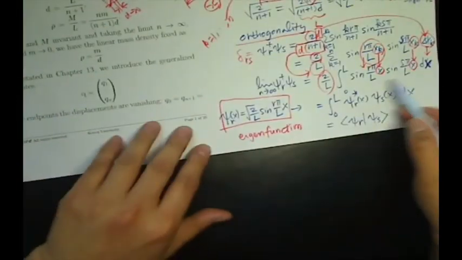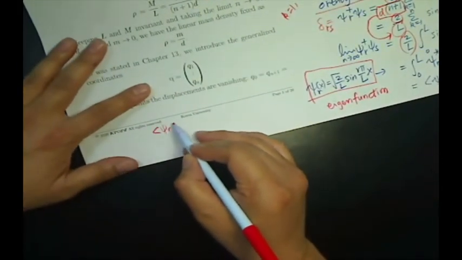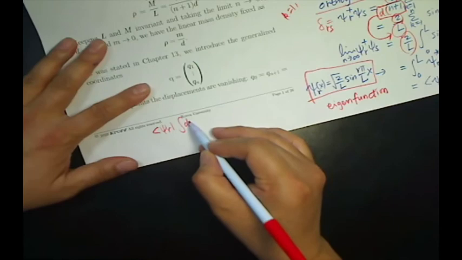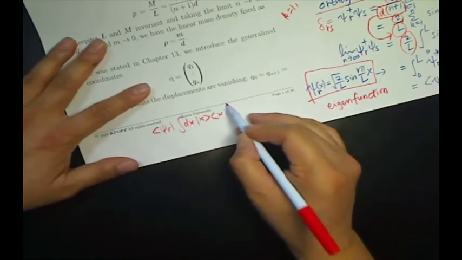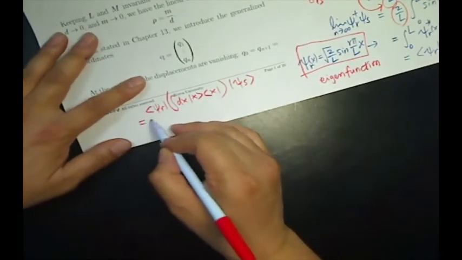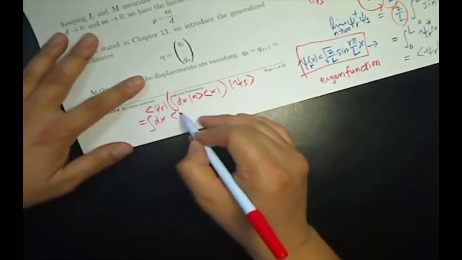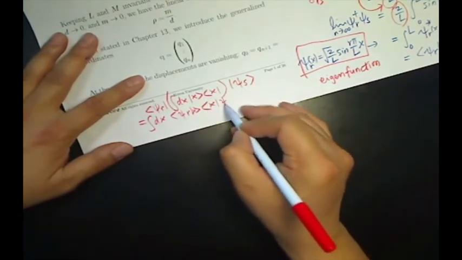And in the bracket notation, this integral can be written in this form. Psi r, this is identity, and psi s. We'll find this is the integral of psi r x and x psi s.